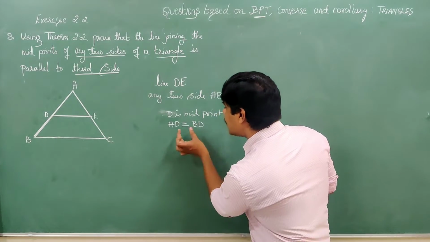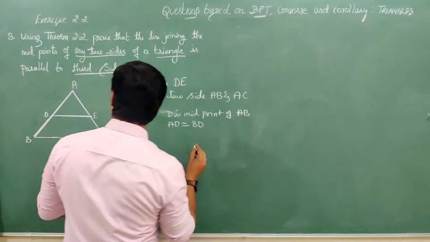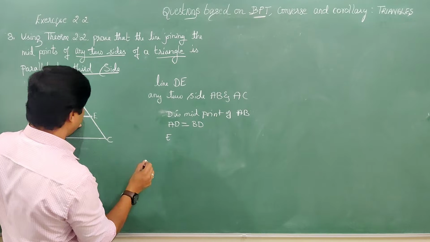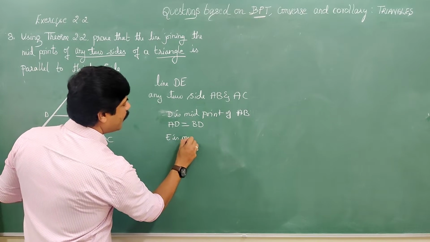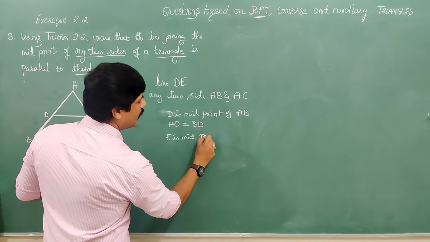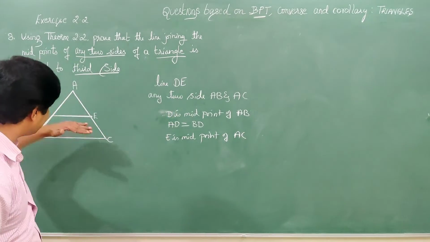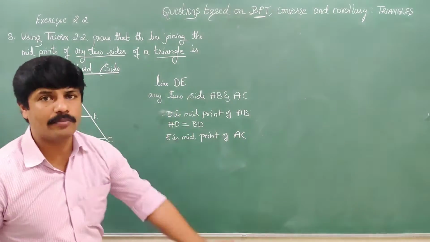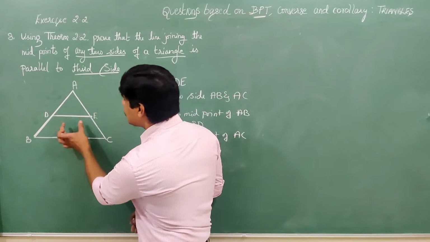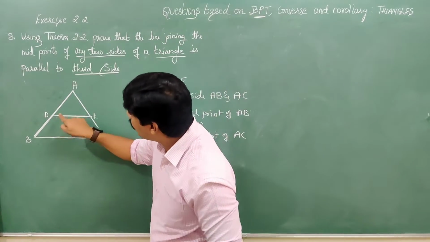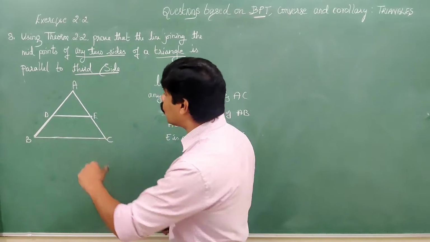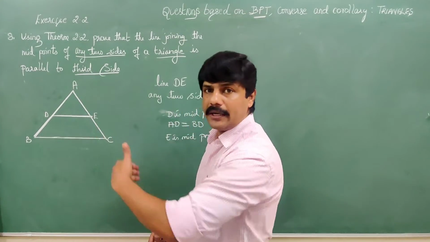That means AD is equal to BD and E is the midpoint of AC. In the previous problem, only D was the midpoint of AB, and then we proved that E also is the midpoint.